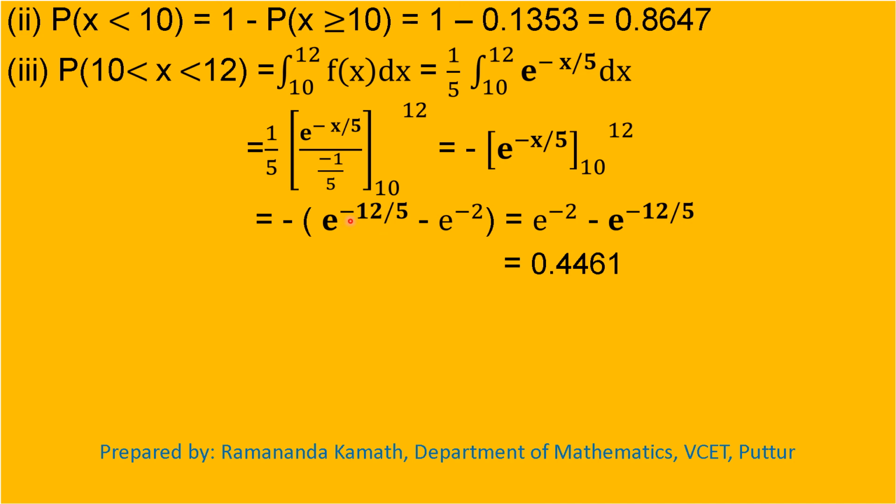So minus e power minus 12 by 5 plus e power minus 2, or e power minus 2 minus e power minus 12 by 5. Using the calculator, it will be 0.4461. The probability that there will be a shower for 10 to 12 minutes is 44.61%. More questions we'll see in the next video.